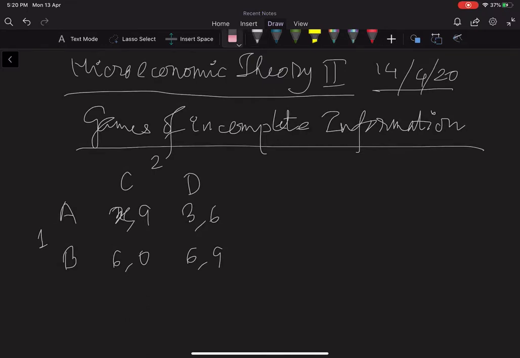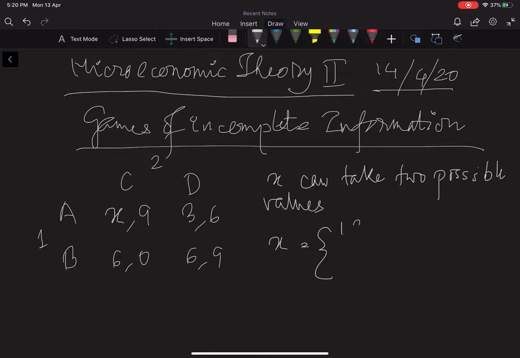This x is the unknown, the uncertain part, not completely unknown but uncertain. So x can take two possible values.